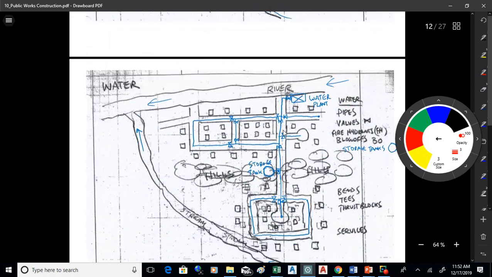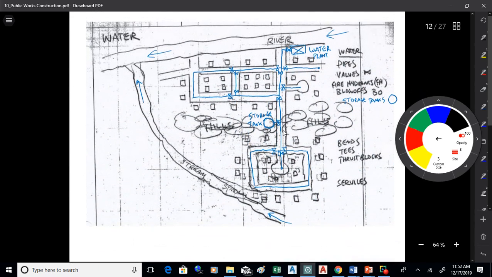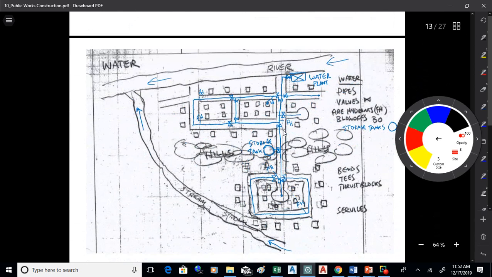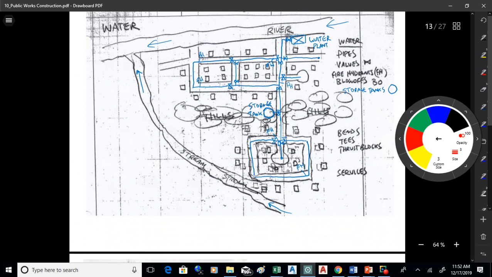All right. Now, in addition to this, I would also want to put fire hydrants in too. So I've got fire hydrants shown here. Typically, they're every so many feet, 300 feet or so. The firefighting department needs access so they can get their hoses hooked up and fight fires where they need to do that.